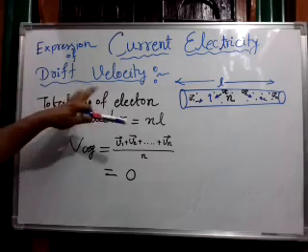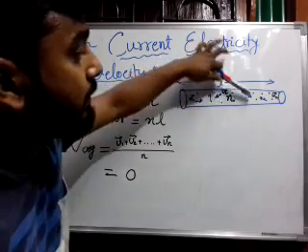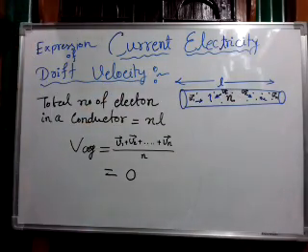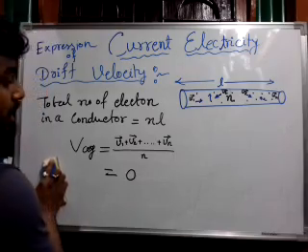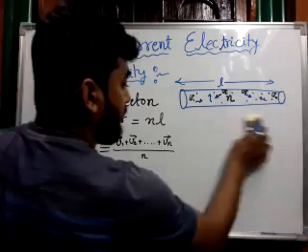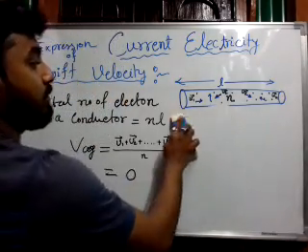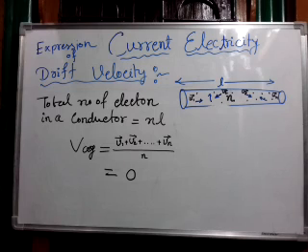Because the average thermal velocity of electrons is 0. Now we start.